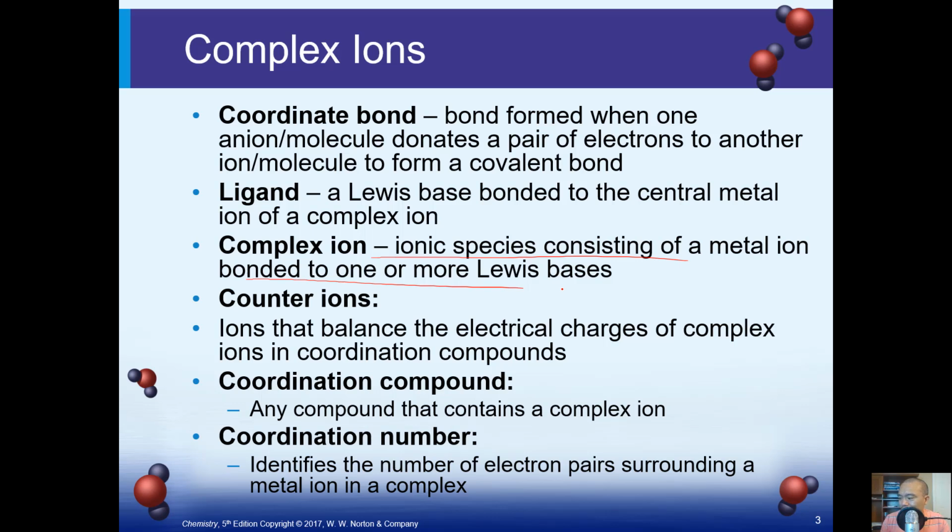So what is a coordination compound? A coordination compound is any compound that has the complex ion and the counterion together. Coordination number identifies the number of electron pairs surrounding the metal ion in the complex.